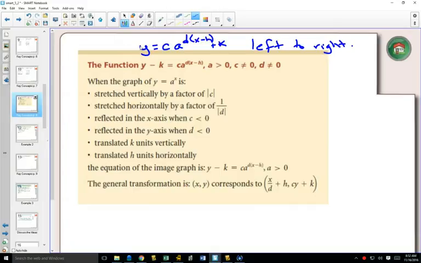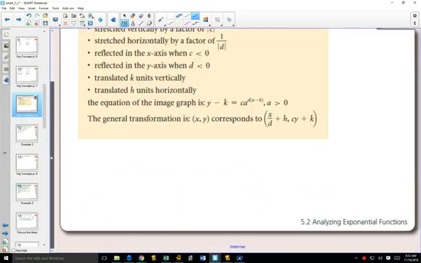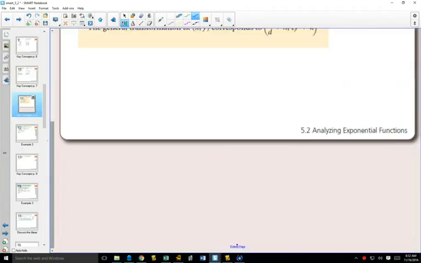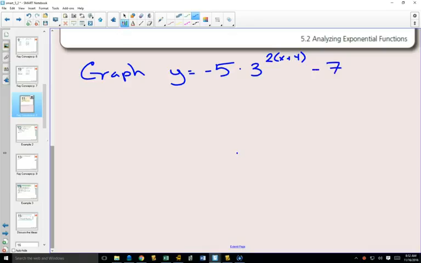So we'll do an example to start with. Graph y equals -5 times 3 to the 2x plus 4, minus 7.